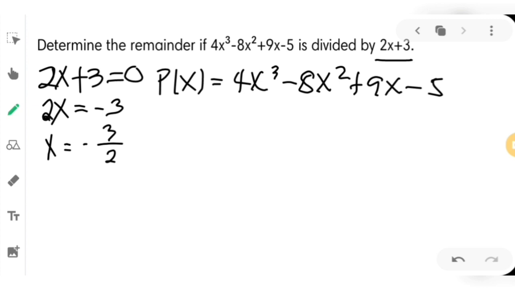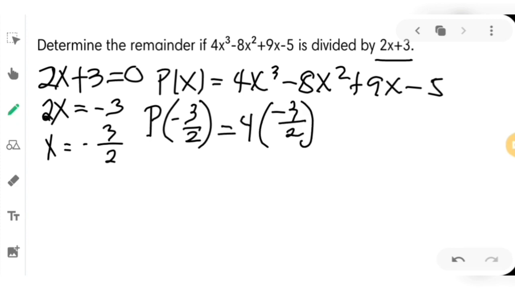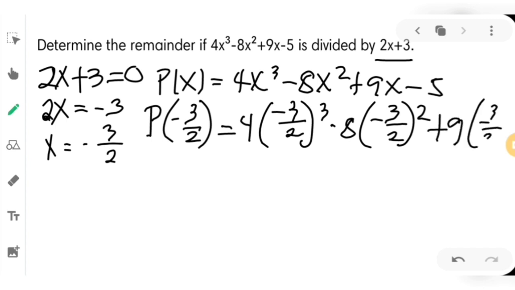Now substitute x, we have p of negative 3 halves is equal to 4 times negative 3 halves raised to 3 minus 8 times negative 3 halves raised to 2 plus 9 times negative 3 halves minus 5.